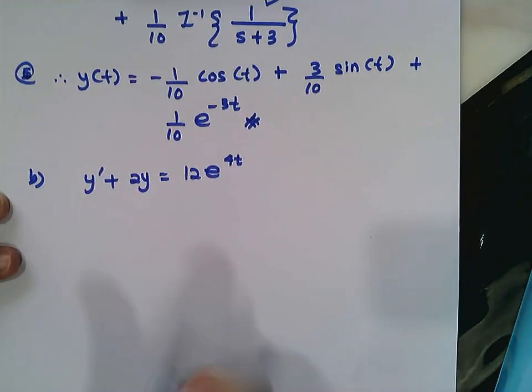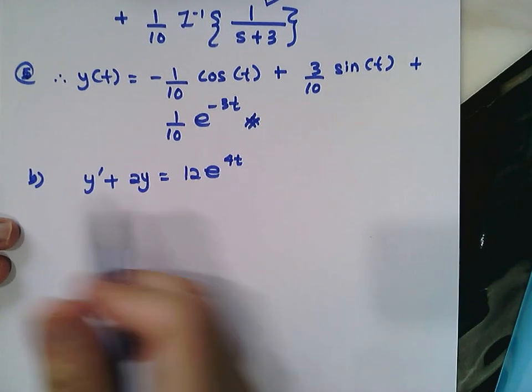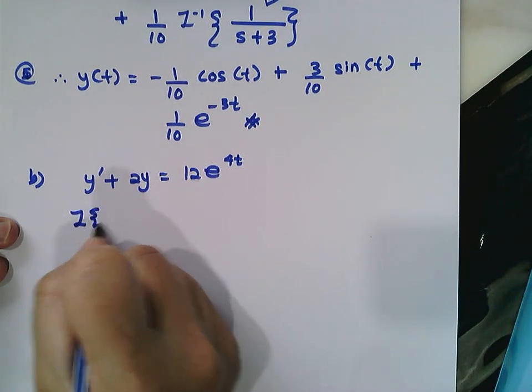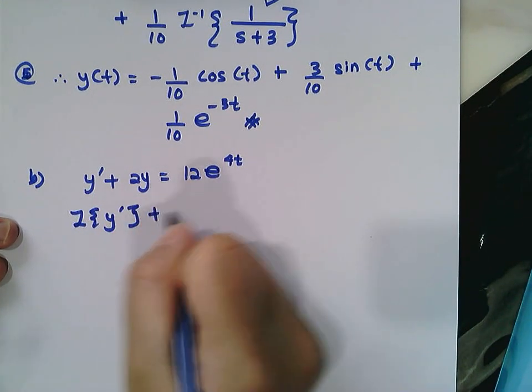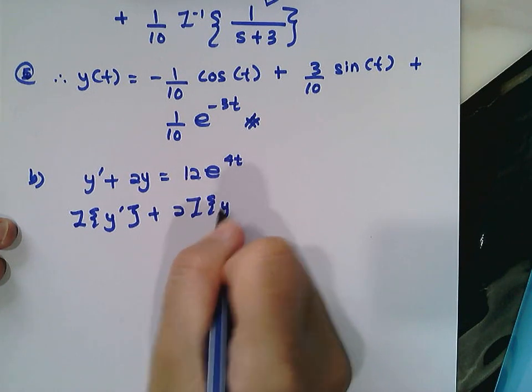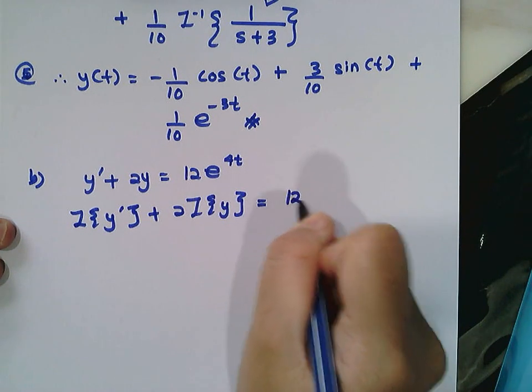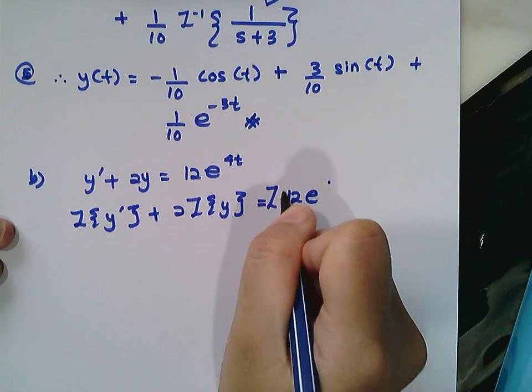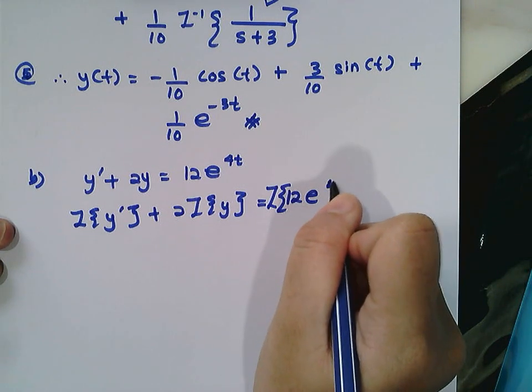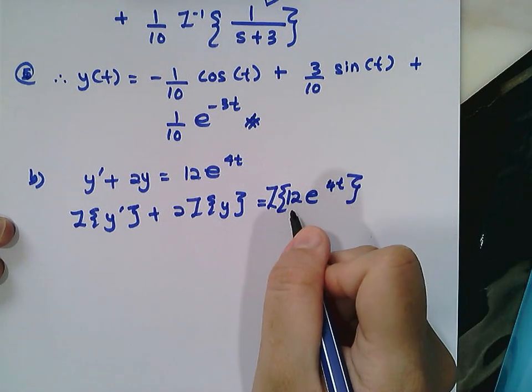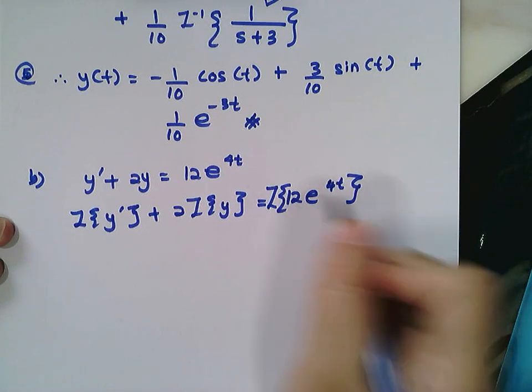Okay, so first you need to apply Laplace transform. So you will have Laplace of y prime plus 2 Laplace of y is equal to Laplace of 12 e to the power of 4t. 12 is a constant, so you can factorize it.